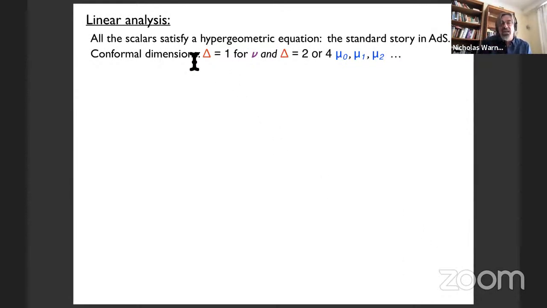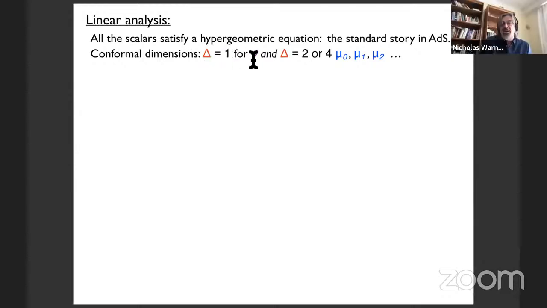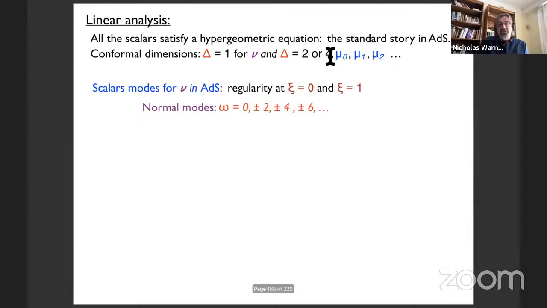And I'm only going to look at the scalars. The 4 scalars in question have conformal dimensions: 1, 2 with degeneracy 2, and there's one with dimension 4. But if you look at the modes for the thing that drives it, the scalar modes in AdS, then simply you find that in AdS there are normal modes and they have to have even frequencies.